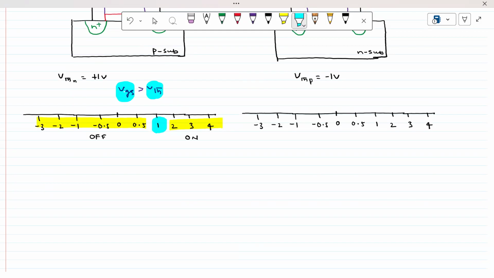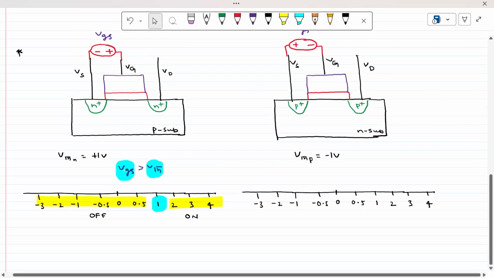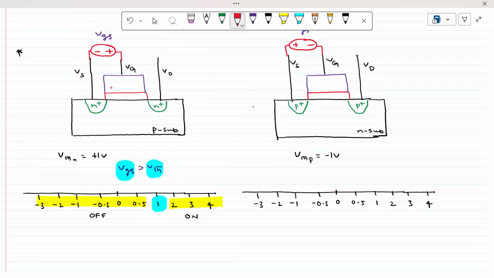So when the gate potential is positive, that potential should be more than 1 volt. That means the result should be more than plus 1 volt. Then only the electrons will be induced at this place. Am I right?